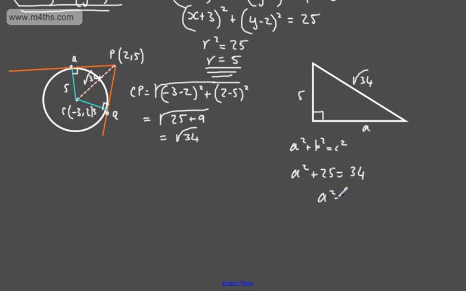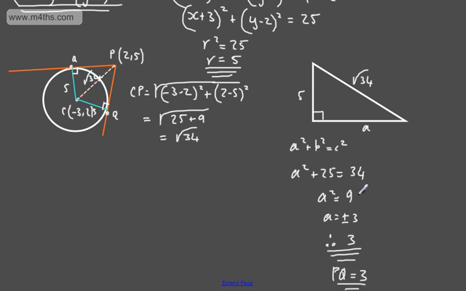So a squared will be equal to 9. So a will be equal to plus or minus 3. Therefore, it will be equal to 3. So we've got 3 units. So we can say that PQ will be equal to 3.